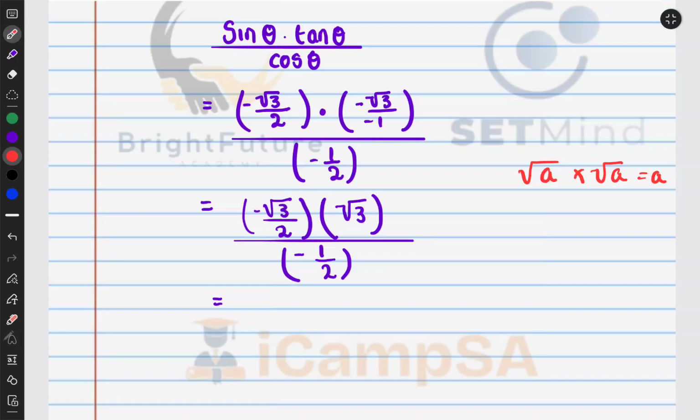So we get negative 3 over 2 divided by negative 1 over 2.